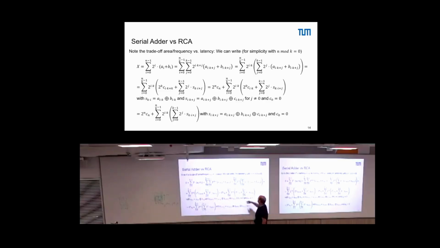Let's start with A0: A0 plus B0 as 2 times C0 plus S0. So it's just replacing the stuff, which is what we had before. Then I can realize this here with the sum as before with XORs, the carry as before. So sum and carry are defined as before.